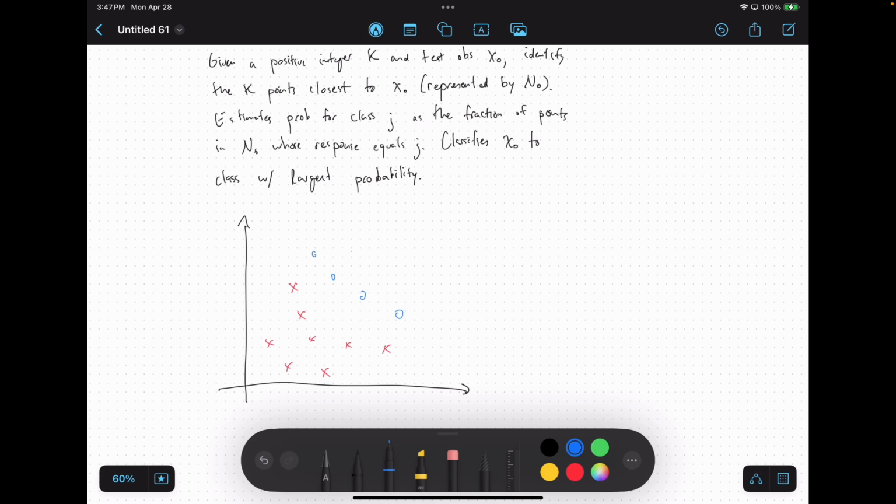All right, we have our X's and O's here. Famed rivals.